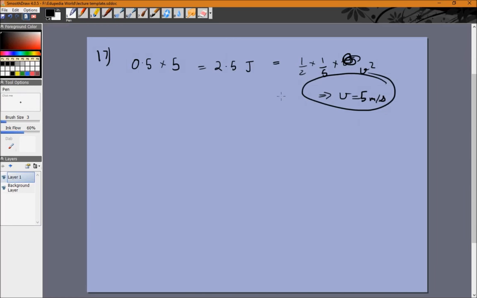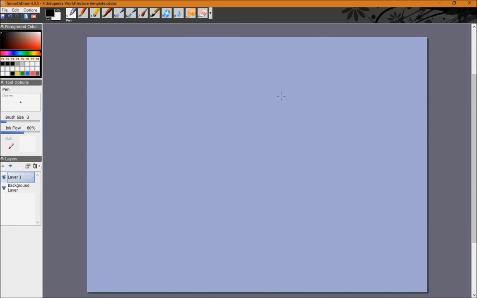The next one, work functions of silver and sodium are given. Ratio of slope of stopping potential versus frequency plot. So what is the equation? The kinetic energy is equal to hν minus φ. This is the kinetic energy maximum. And the stopping potential is such that eV0 is equal to the kinetic energy maximum. That's where you don't see any electrons when you apply a reverse potential of V0, which means V0 is K max by e.